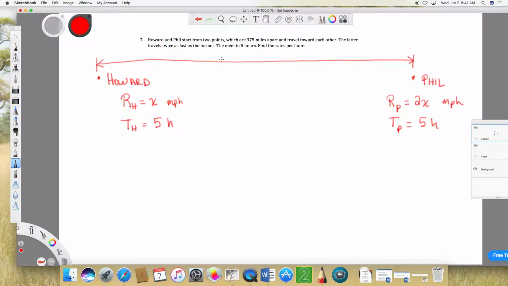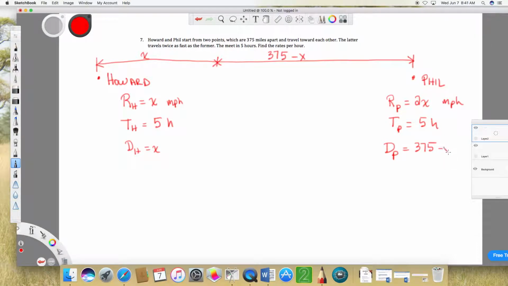So let's split that up into the number of miles that Phil has traveled and the number of miles that Howard has traveled. So if we let x be the distance that Howard has traveled, then that means that Phil has traveled the remainder of that 375 miles, because together, their distances have to add up to 375.